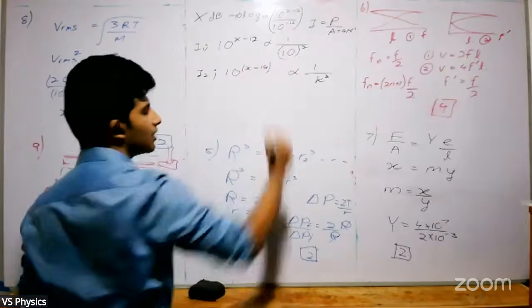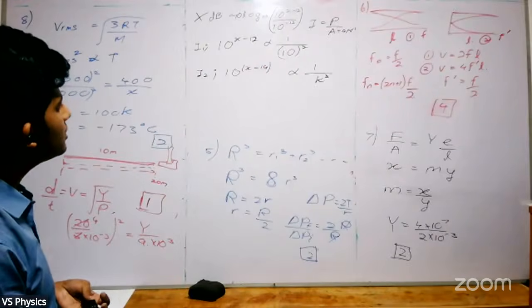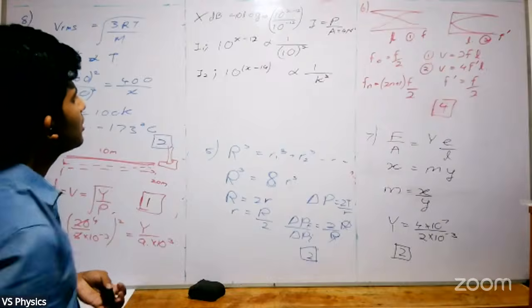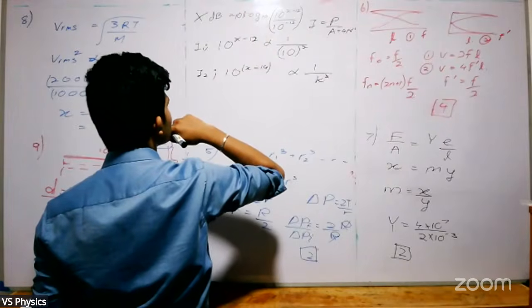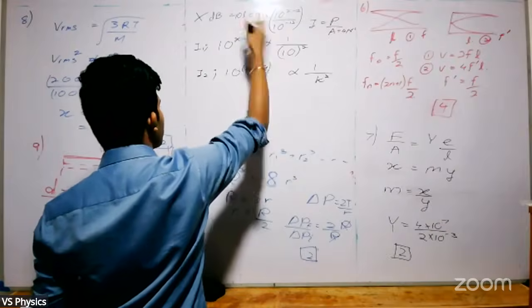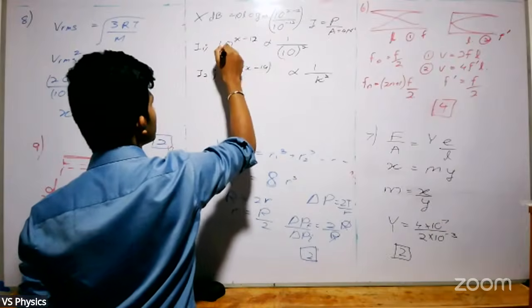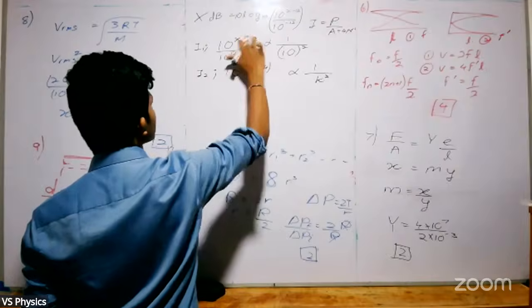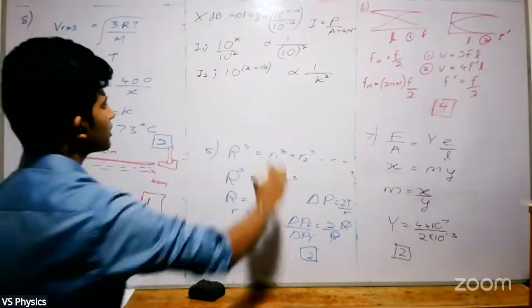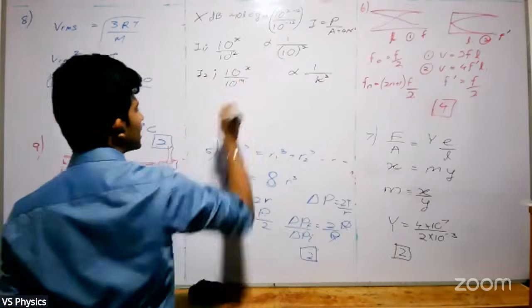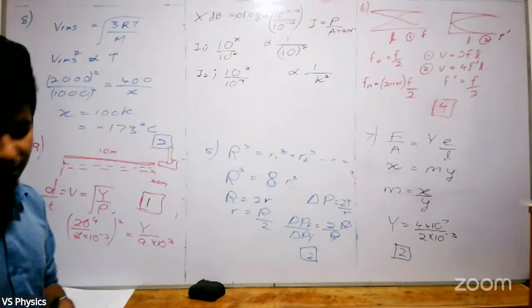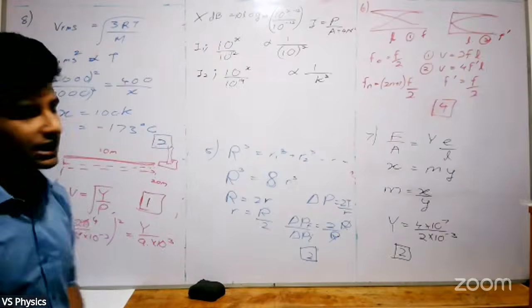Now we can continue with the question. We can write minus 12 in a different way. How can we write it? 10 to the power minus 12 is this. I am taking a bit of time, otherwise you can directly write it like this.